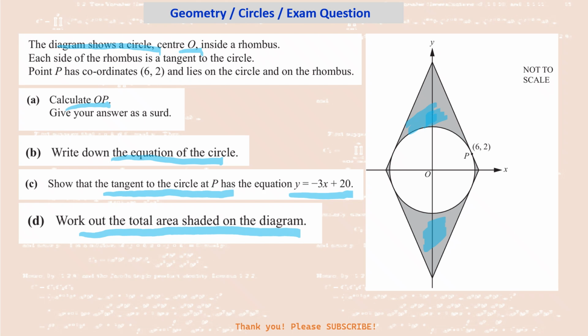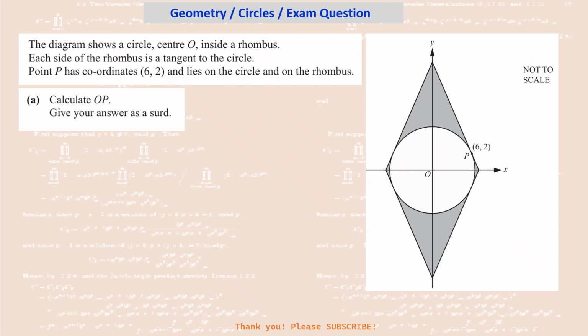So we start off with calculating OP, which is a radius. We've been given that the center O is inside a rhombus, and this is the x and y axis, the intersection of the x and y axis. So obviously O is going to be (0, 0).